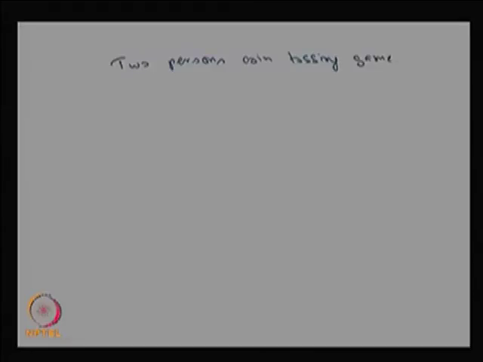This simple random walk can be explained by the example of a two-person coin tossing game, in which you have a person A and B. If at the end of the nth coin tossing, he gets a head, then he is going to win rupees 1, or if he gets the tail, then he is going to lose.